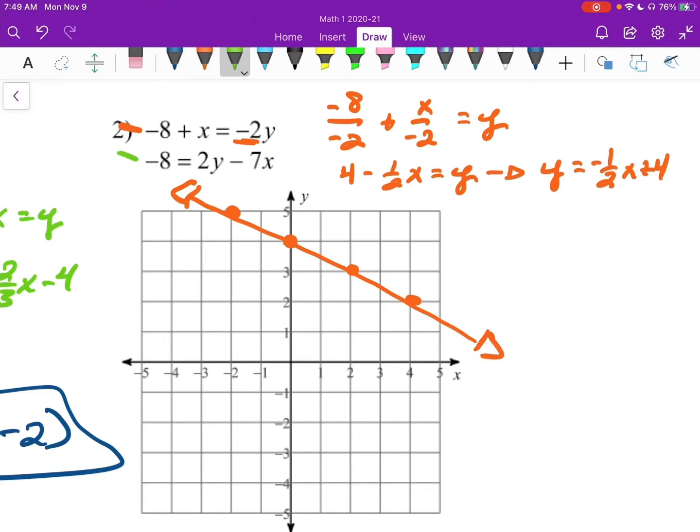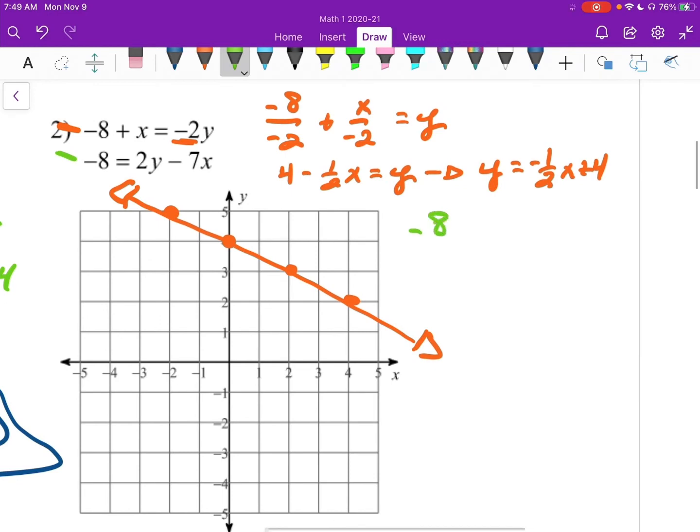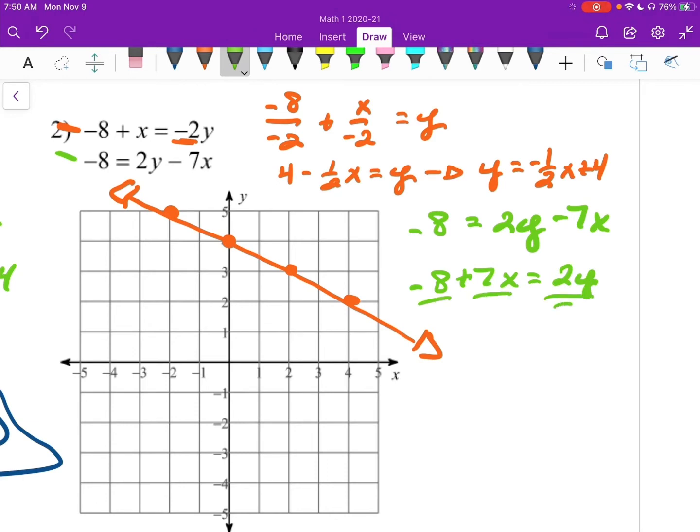The green one, I'm just going to copy down here for just a second. -8 equals 2y minus 7x. I would really like to get my y equals. So I'm going to add 7x to the other side. I'm going to have, well, -8 plus 7x equals 2y. And I'm going to divide everything by 2. So I'm going to have -4 plus 7/2 x equals y.